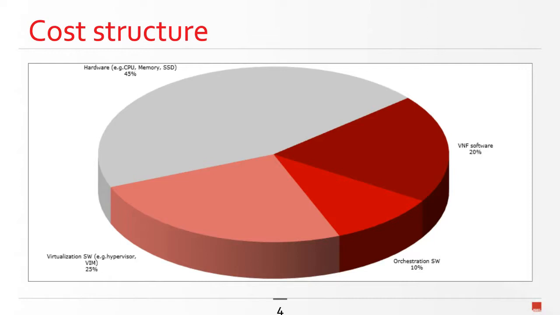You'll see that hardware, including CPU, memory, and storage, makes up nearly half of the cost. The challenge in designing a UCPE platform is to ensure that there is enough processing power to support data plane-heavy VNFs, since enterprise SLAs mandate strict performance in terms of latency and throughput.